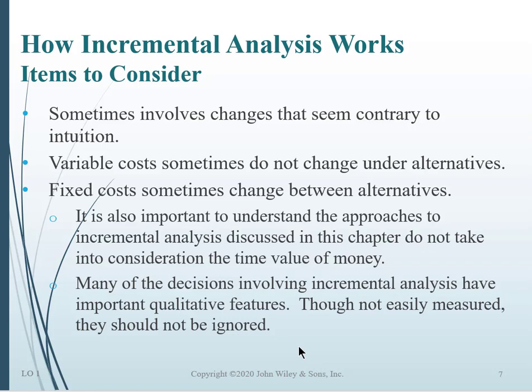We have already talked about variable costs by themselves. They're supposed to change by units, but typically they don't change between alternatives unless there's something very different about the alternatives themselves. The only thing I can think of off the top of my head is if we need 30 board feet to make furniture, and the way we make furniture under alternative A is we have about 5 feet of scrap wood when we're done.